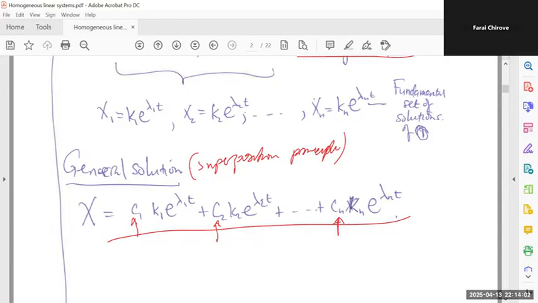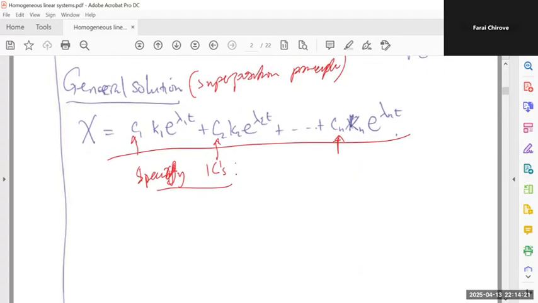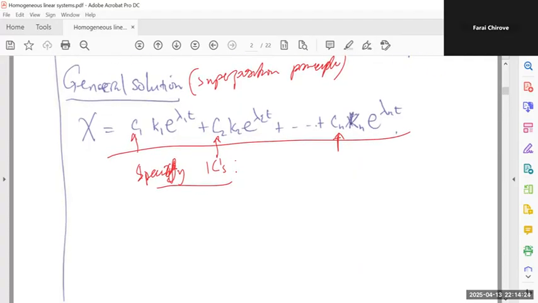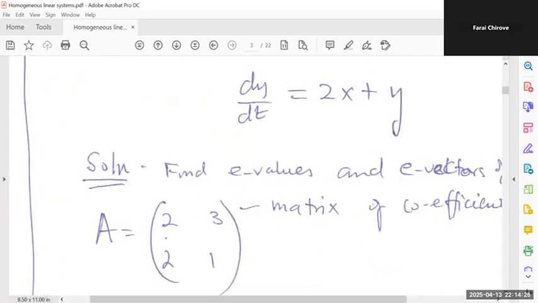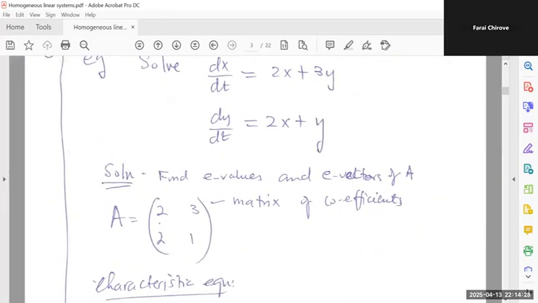They can only be found after you specify the initial conditions. So you start by finding the general solution, then you apply the initial conditions to find these c's.